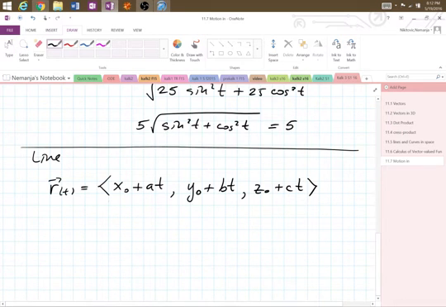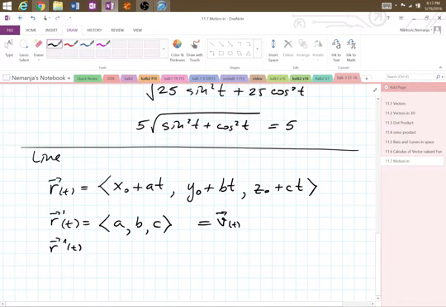And what we do now is to find the velocity. We are clearly going to have just the vector a, b, c. So that's our velocity. And to find the acceleration, r double prime of t, it's going to be 0, 0, 0.